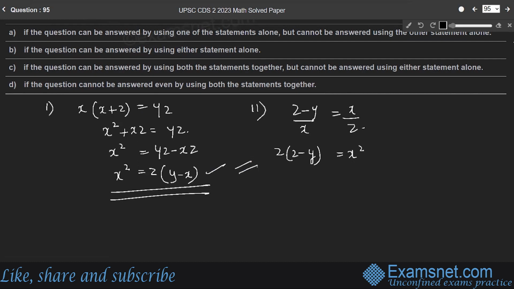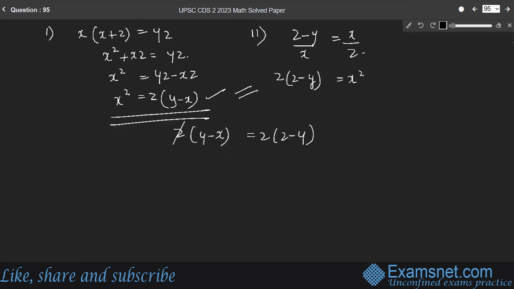Therefore, z into y minus x is equal to z into z minus y. We can cancel z and z. So y minus x is z minus y, or 2 times y is equal to z plus x. Consider this as equation 1.